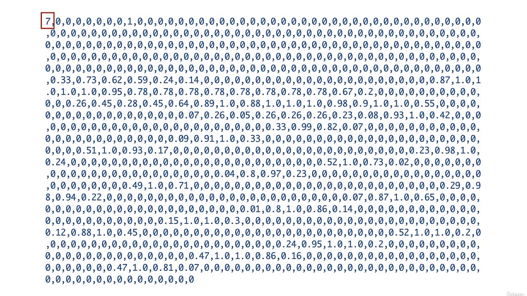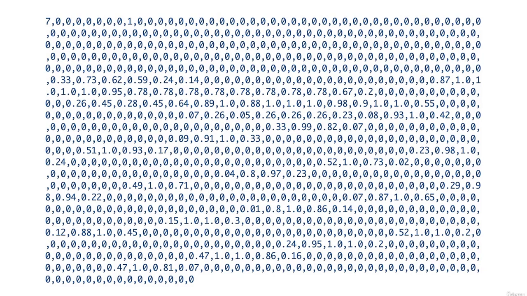The first number is the target digit, or the label as they call it. I added one hot encoding to the data. For this we need 10 extra numbers. The rest of the numbers is the image pixel data. As you can see, they are numbers between 0 and 1.